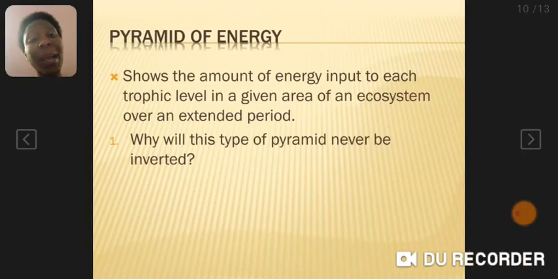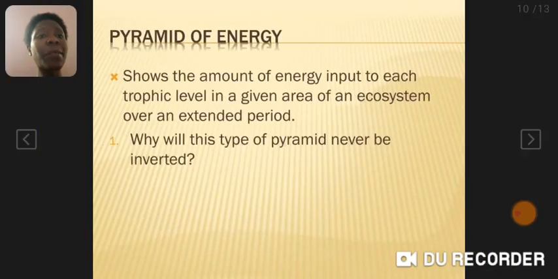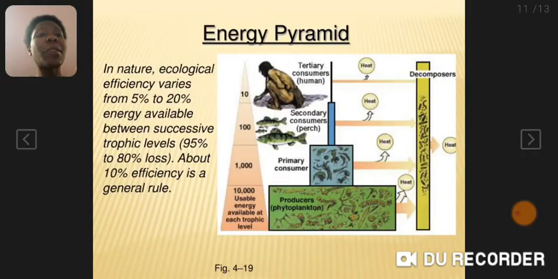So having talked about pyramid of numbers and pyramid of biomass, what about pyramid of energy? Now, pyramid of energy, we said, will show you the amount of energy input to each trophic level in a given area of an ecosystem over an extended period. So what pyramid of energy will basically do is show you the total amount of energy that is available in each trophic level.